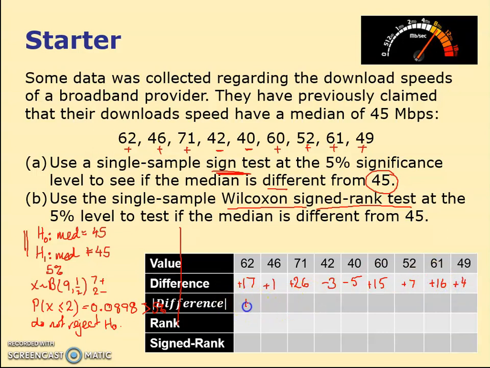So now I ignore the signs, and then I rank the values. So that's number 1, that's 2, 3, 4, 5, 6, 7, 8, 9, and I finish off by putting signs back on.